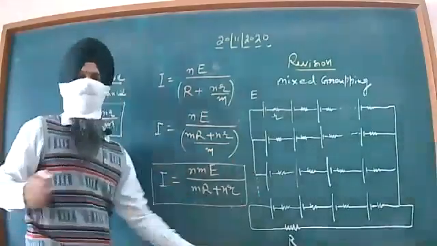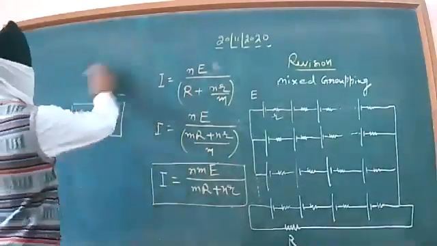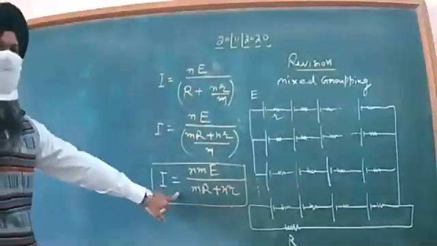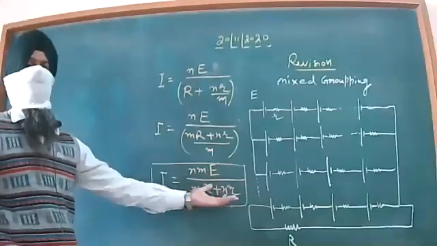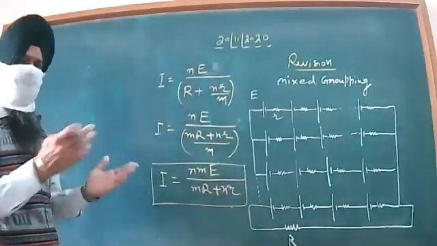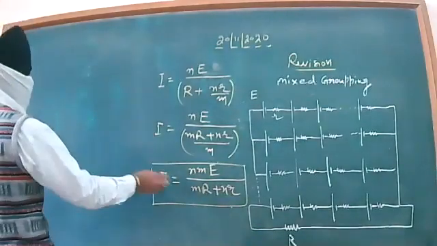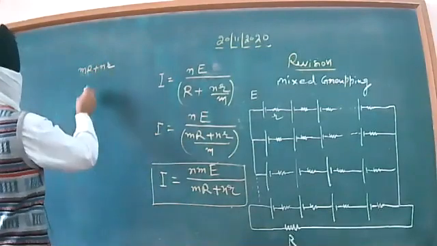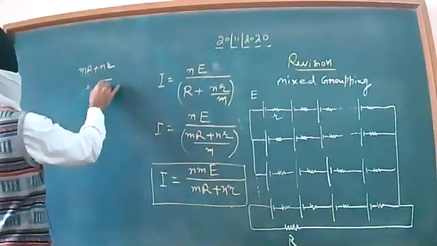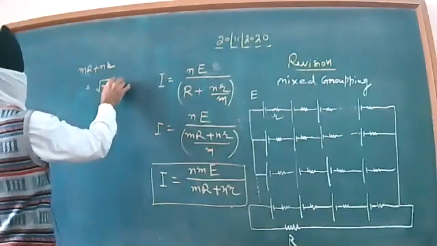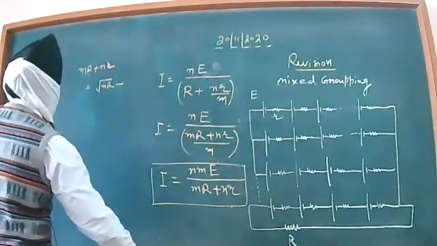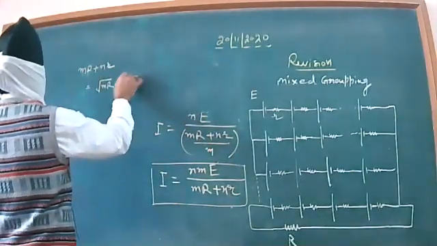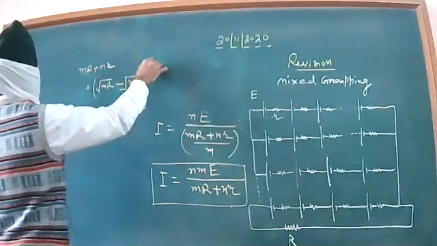Now here arises the special situation of how this electric current will become maximum. In the denominator, we have mR plus nr. In order to maximize this current, I need to rewrite mR plus nr. This may be written as root mR minus root nr, complete square.